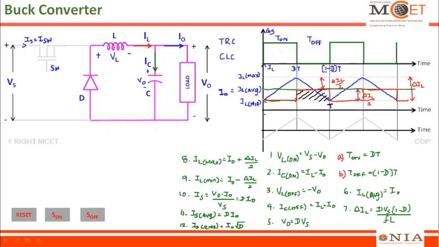This is capital T. If I try to find the average and RMS value, this is the 12th point of the derivation. Look at this characteristic.